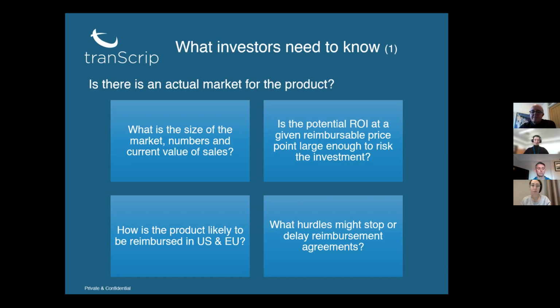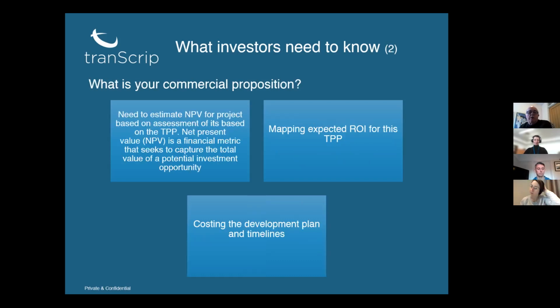Thank you. All right, so my final one, commercial proposition. Here's another technical term for you, and I've defined this. Net present value is a financial metric that seeks to capture the total value of a potential investment opportunity over its entire lifetime. I think that should be added.